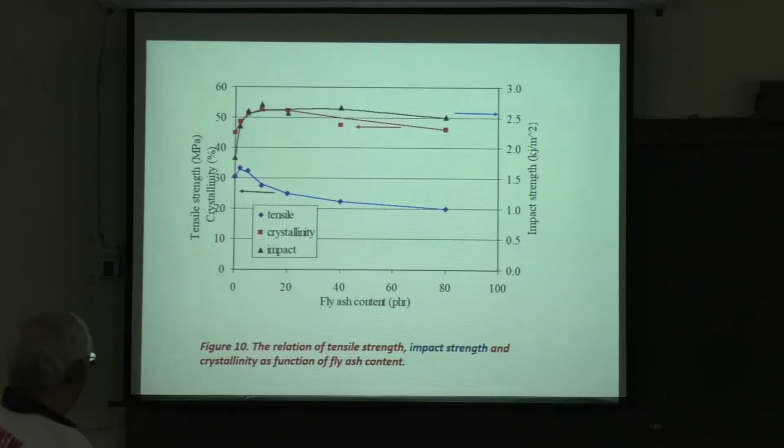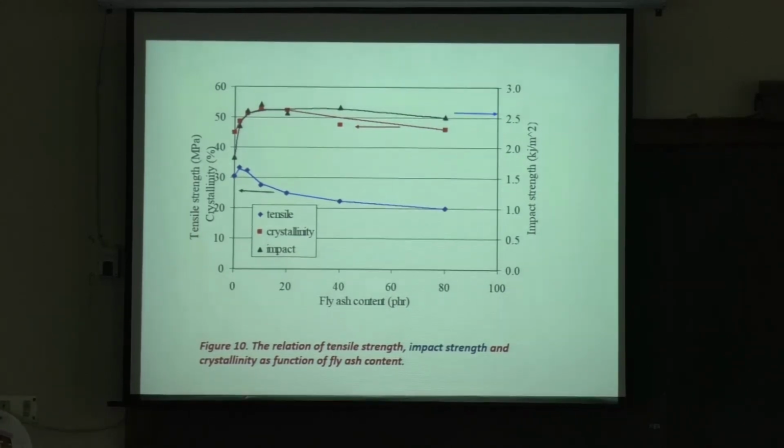Now, another thing which comes up here, with the addition of fly ash, the crystallinity of the polymer also goes up. Here you have crystallinity, tensile stress goes down as we have seen that, but the crystallinity, this red one, goes up. So from about 35% to about 45%, and the impact property never comes down below the polypropylene.